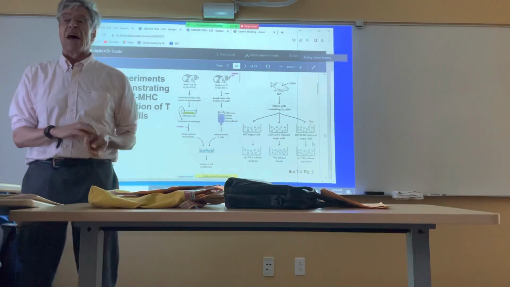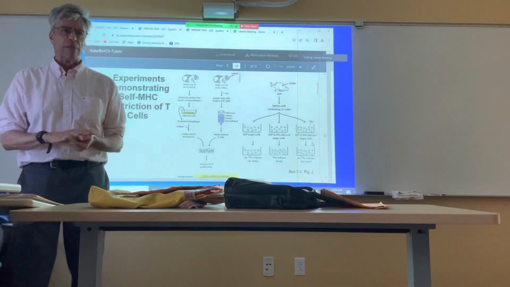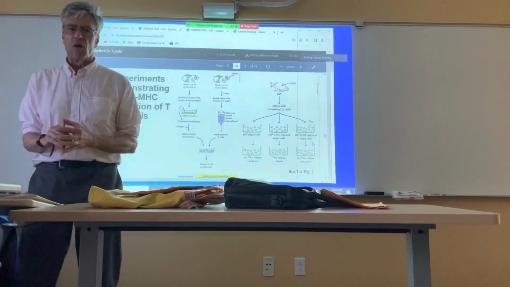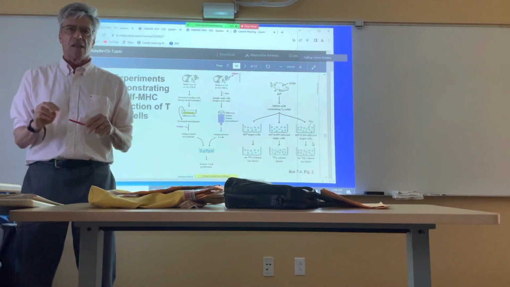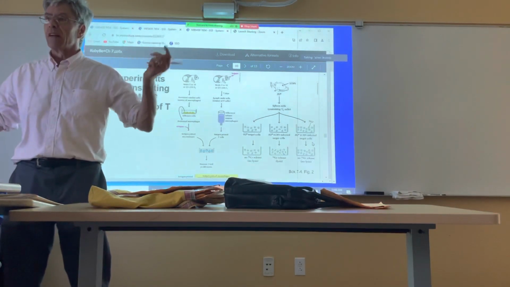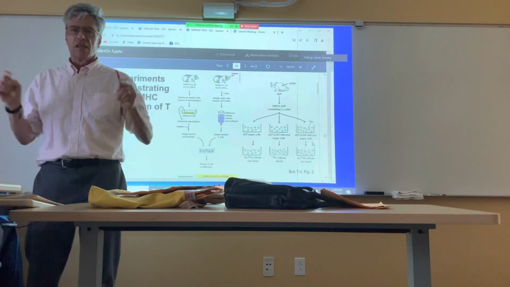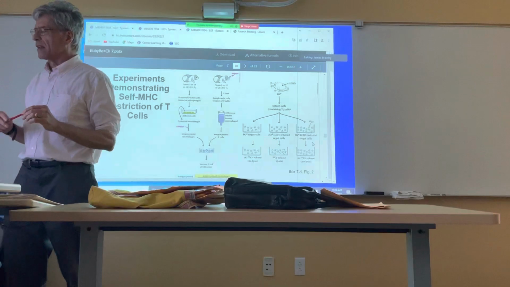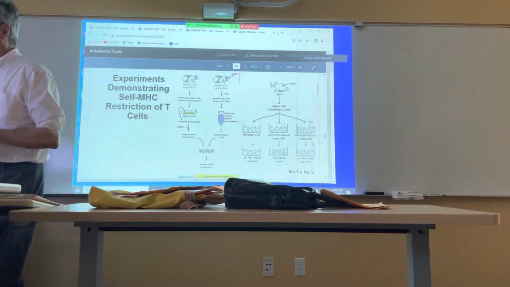And that, of course, all makes sense. This is before people really knew that there was such a thing as a T cell receptor, let alone that it recognized two things at the same time. Could have been recognizing separate places on the surface. Okay? So a very important thing here in our development.